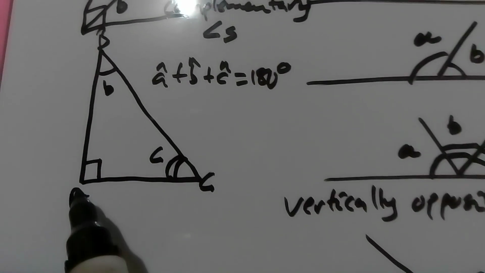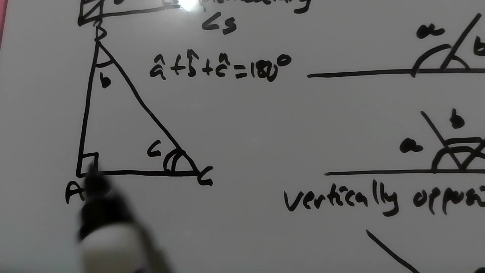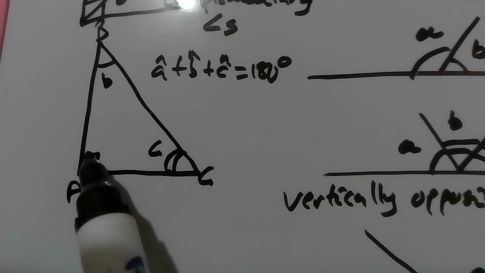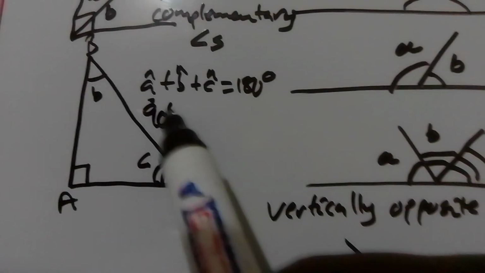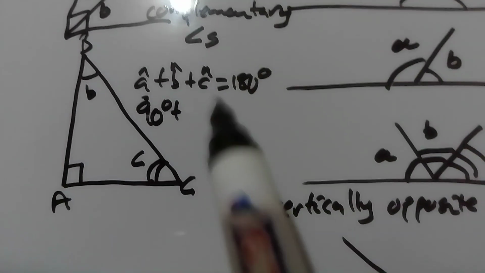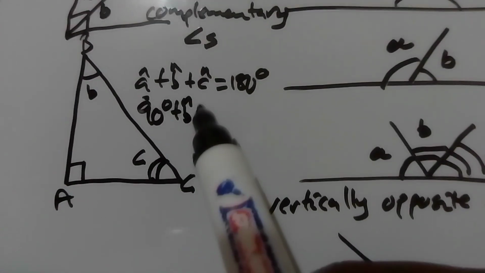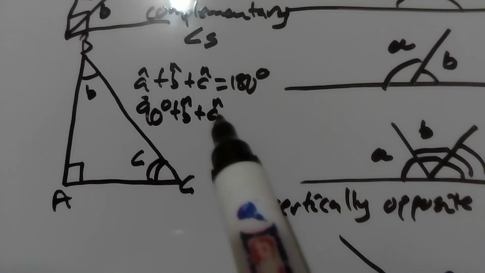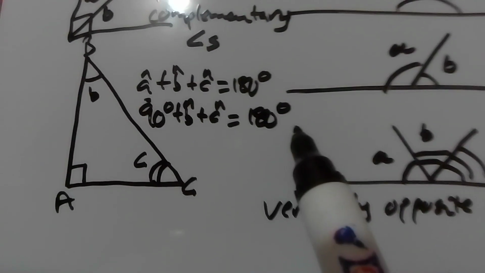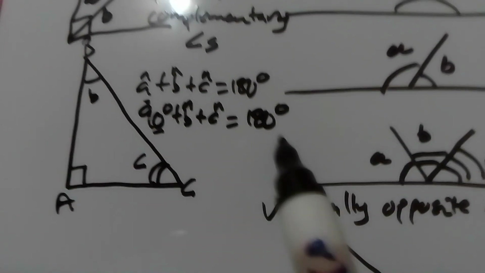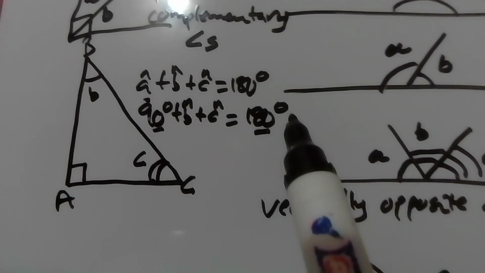Observe here, angle A, because here this is a right angle, it means there is 90 degrees, which means where there is angle A, I'm going to substitute and write 90 degrees. But I still do not know how many degrees is angle B. I also don't know how many degrees is angle C. But I know that altogether when I add them, they add up to 180 degrees. Now, 90 degrees and this 180 degrees, they are like terms.